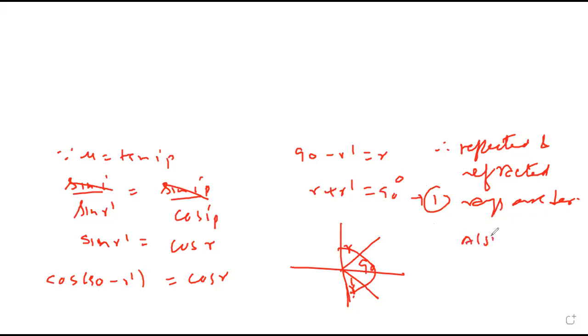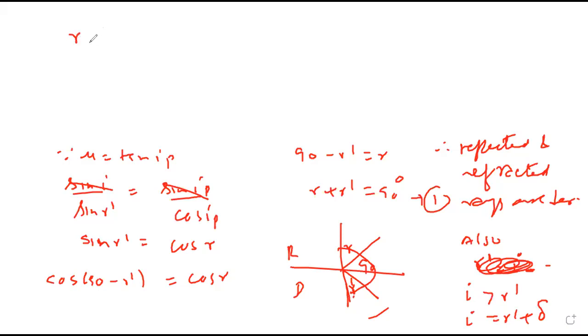Also remember, when a ray is going from one medium to another, from rarer to denser, it is bending towards the normal. So angle of refraction R dash will be equal to I minus delta. I is greater than R dash, so I equals R dash plus delta. I means actually R, one and the same.